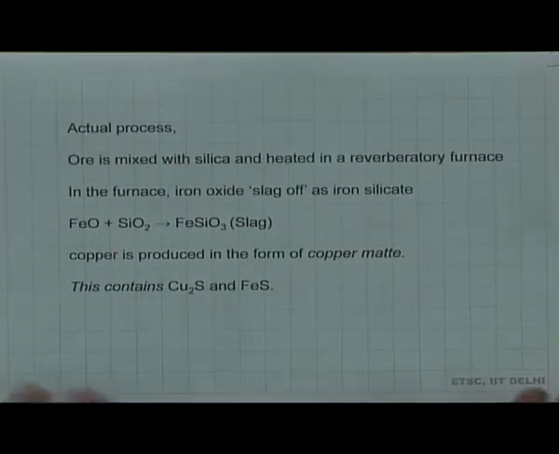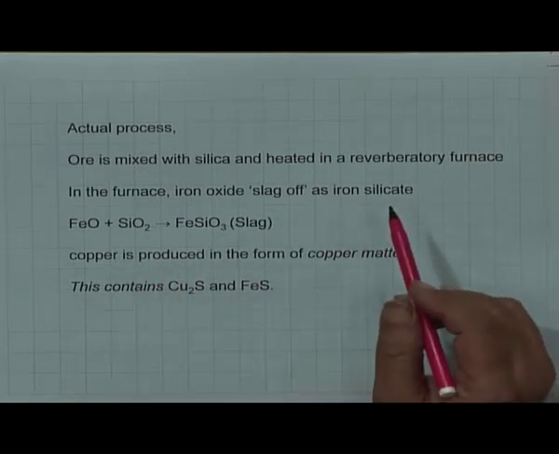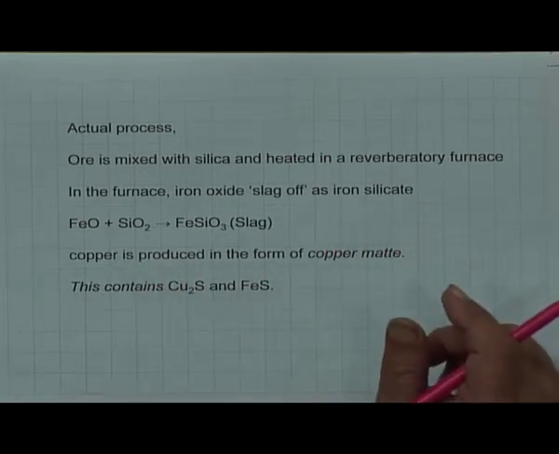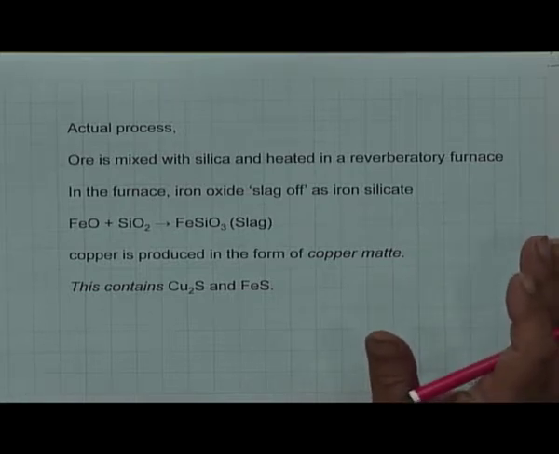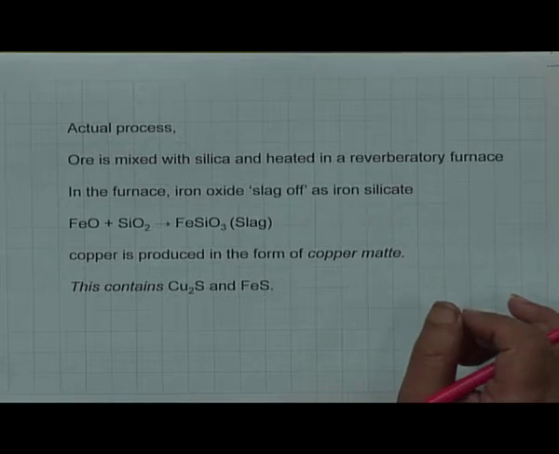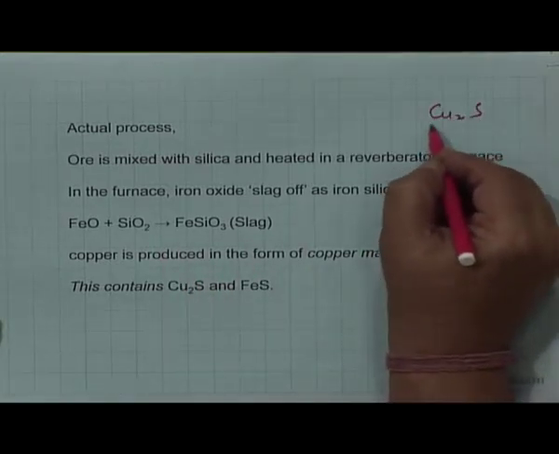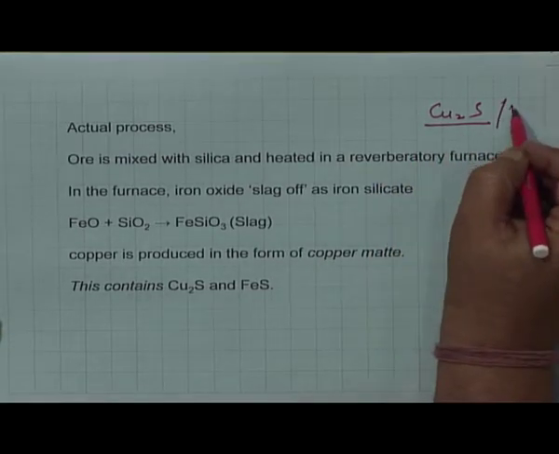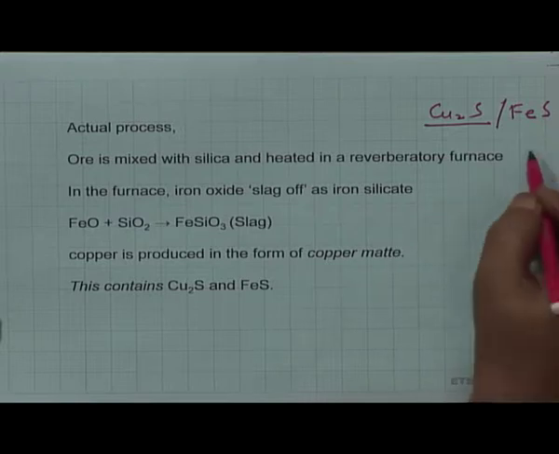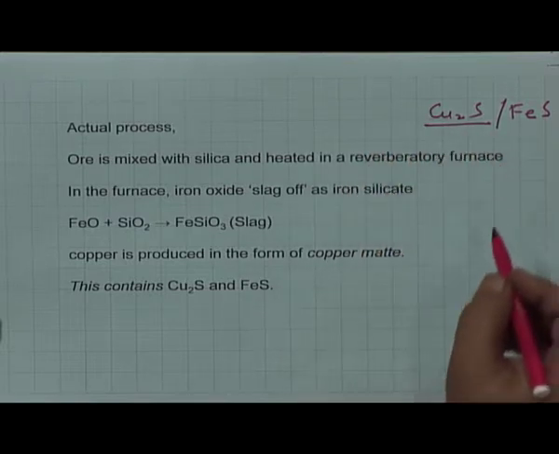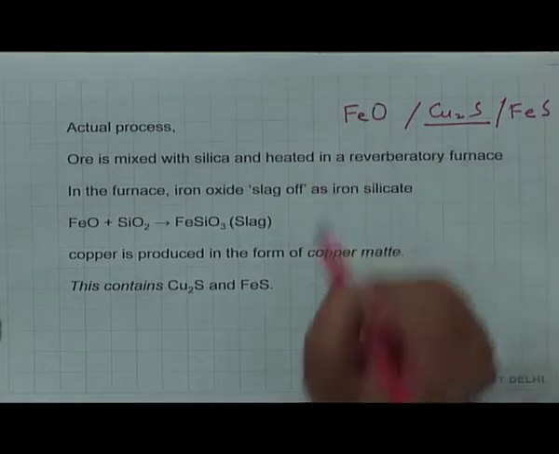So, the actual process of extraction of copper from ore is based on the fact that copper is present in the form of copper sulphide and iron is present, in the form of iron sulphide and also in the form of iron oxide.